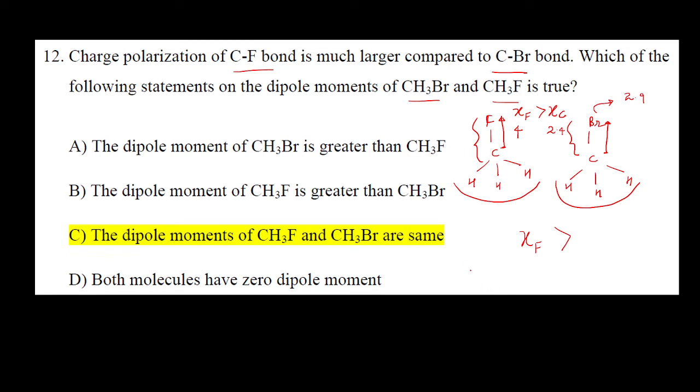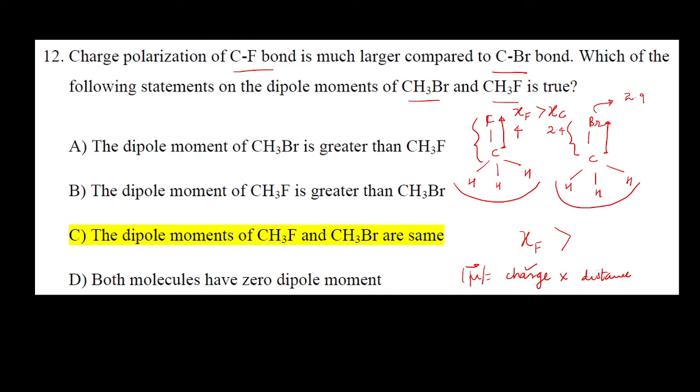We know that dipole moment is the multiplication of charge and distance. So to calculate the magnitude of the dipole moment, we take two factors, charge and distance. If I compare the charge factor, that's already given: CF charge polarization is more than CBr charge polarization. The second factor is distance.